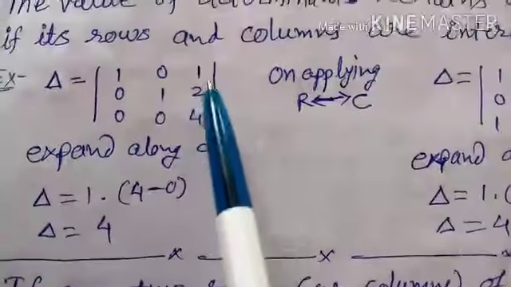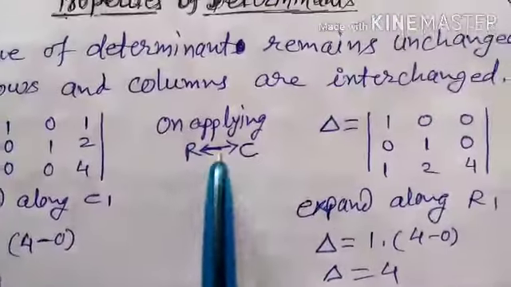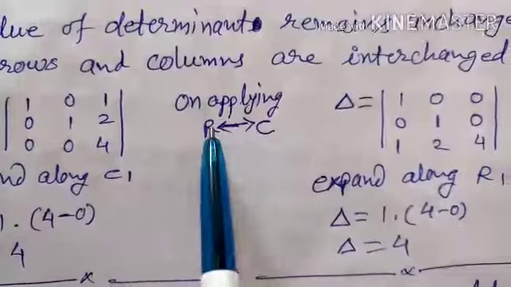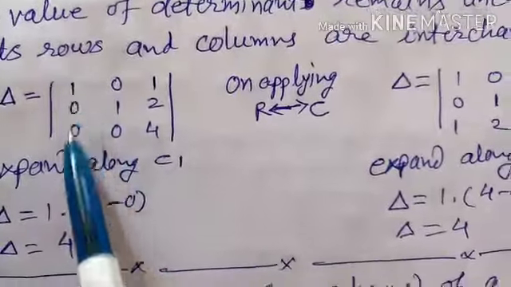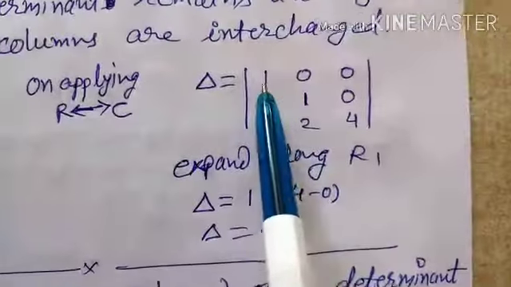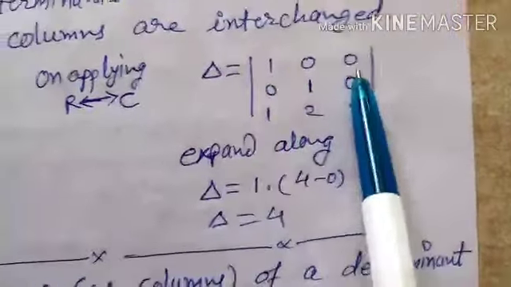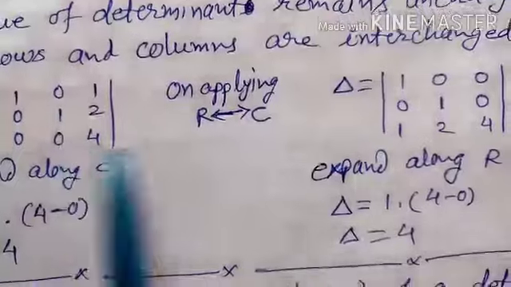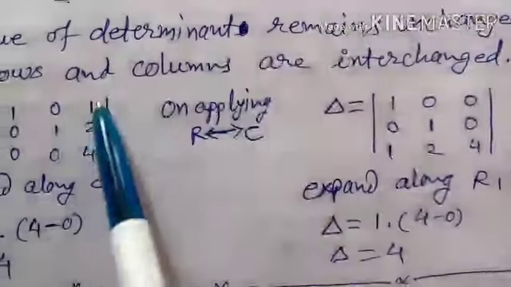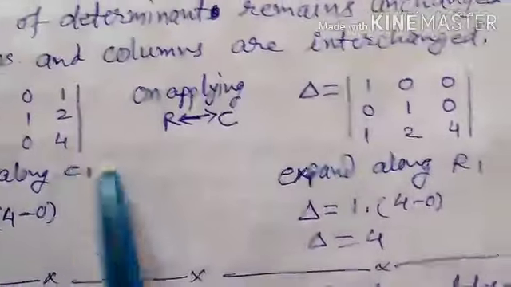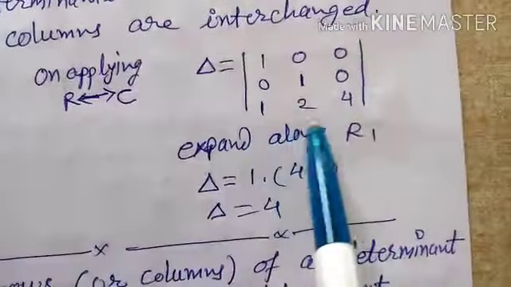Now suppose we interchange rows with columns, that is, take the transpose. The first column 1 0 0 becomes the first row 1 0 0. The second column 0 1 0 becomes the second row 0 1 0, and the third column 1 2 4 becomes the third row 1 2 4.